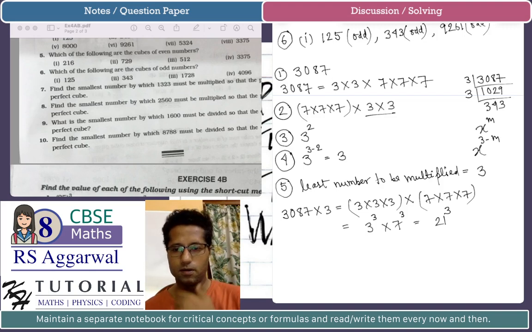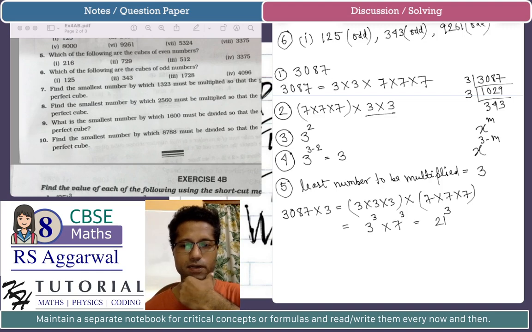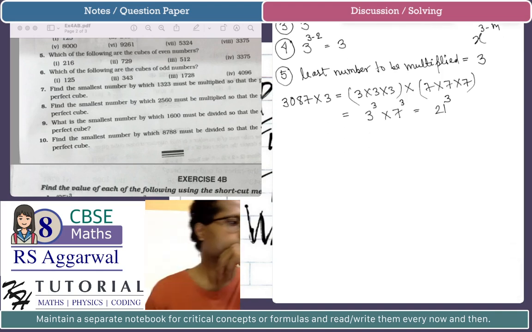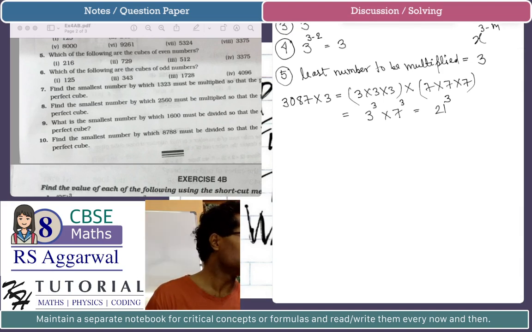Let me do a problem where we have to find the least number that needs to be divided into a given number to make it a perfect cube. Let me take a problem.